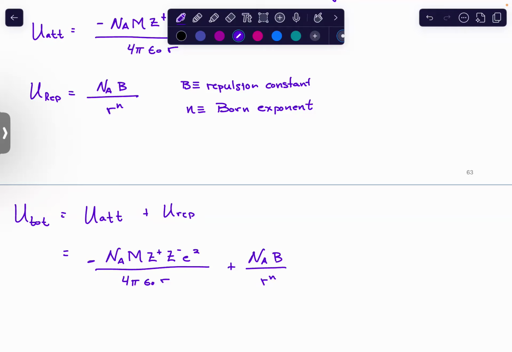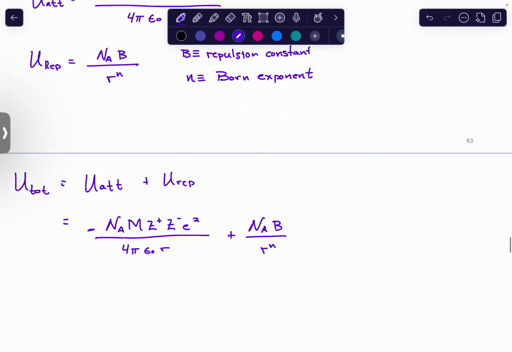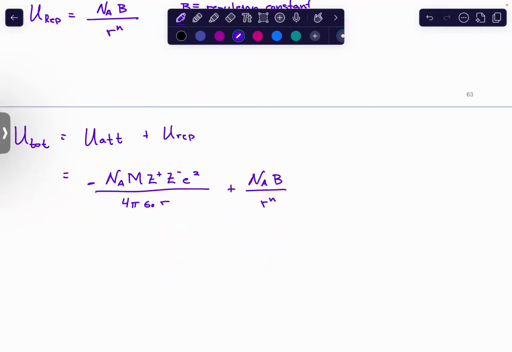Okay, now we're going to start talking about the R0. In this case, we have R in a general sense. That R0 is going to be an equilibrium distance. In any molecule, we've never seen a dissociation curve, but that would be helpful right now.